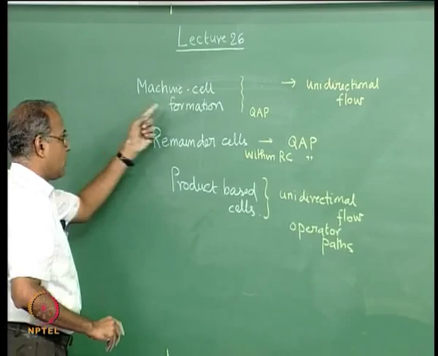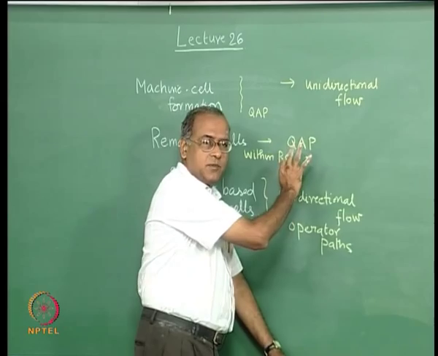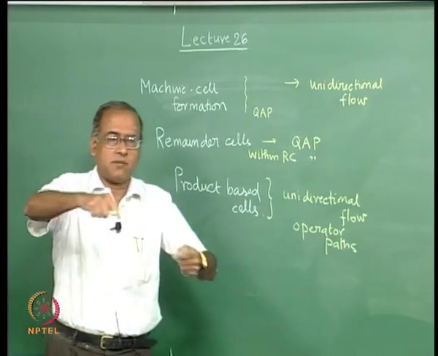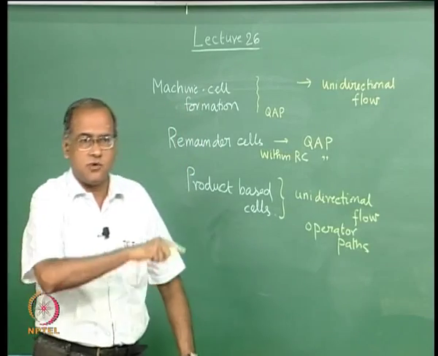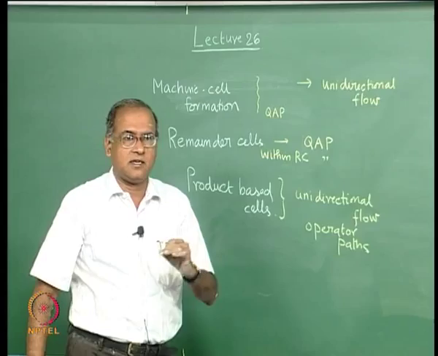So, layout and location essentially deal with some aspects of quadratic assignment problem, but more emphasis on unidirectional flow, keeping the machines in such a manner that there is unidirectional flow and operator paths not crossing each other.